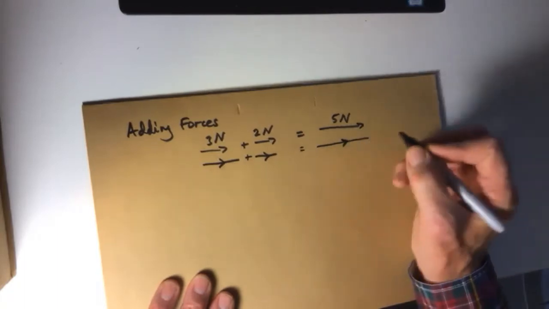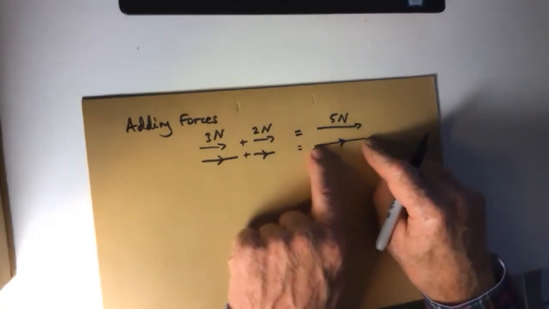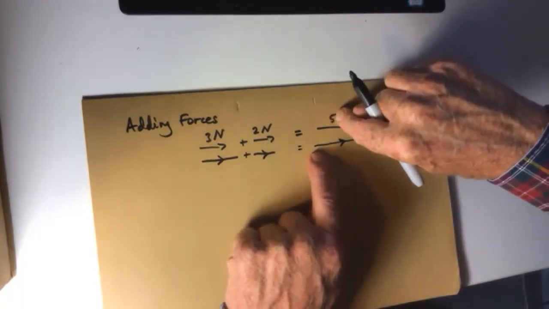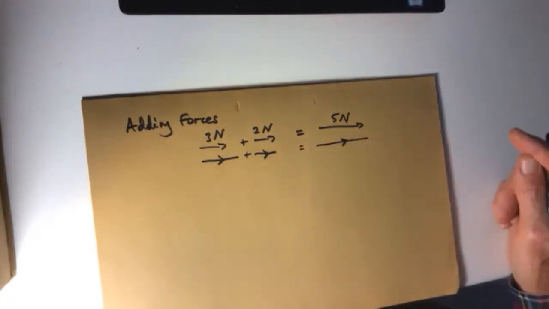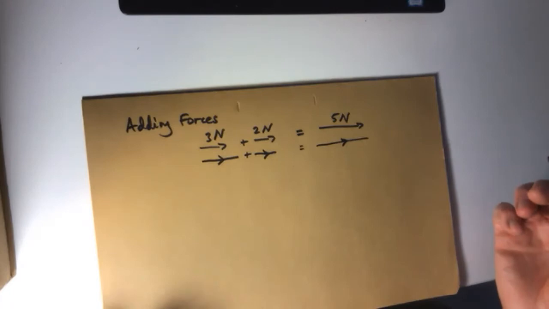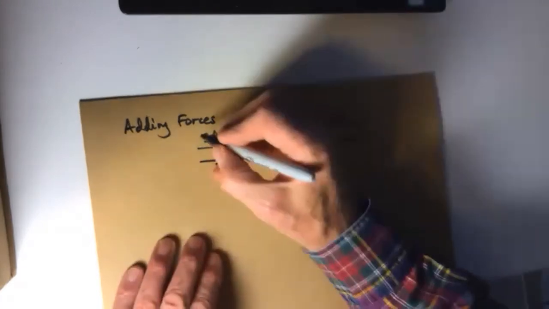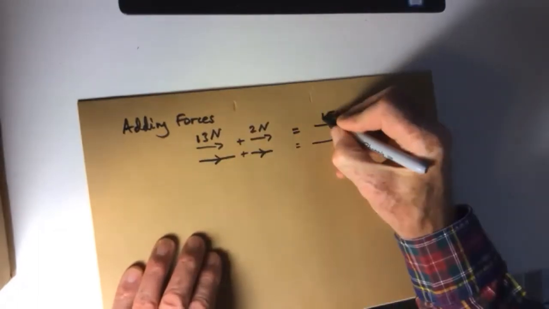So the length of the line is proportional to the size of the force and the direction of the line is the direction of the force. Okay, pretty straightforward, you know. But, I mean, if that was 13, that would be 15, wouldn't it?